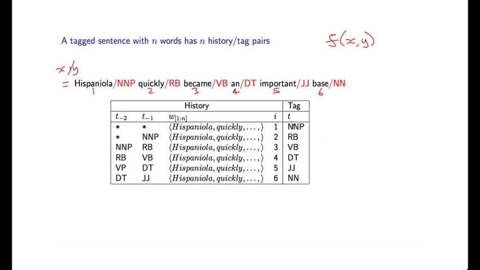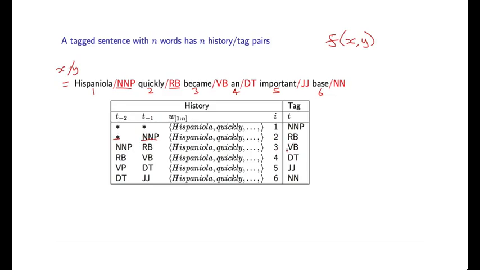The first history tag pair has the tagging decision NNP, because that's the tag for the very first word, and the history has the previous 2 tags as these star symbols. We have the entire sentence, and position 1. The second history tag pair has RB, because that's the tag of the second word, the entire sentence, position 2, and the previous 2 tags are star and then NNP.